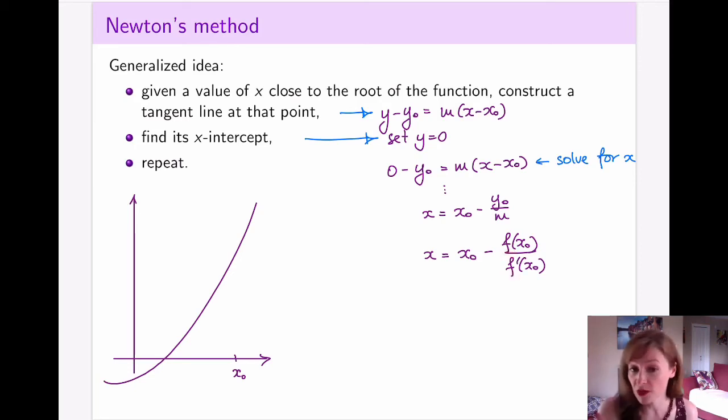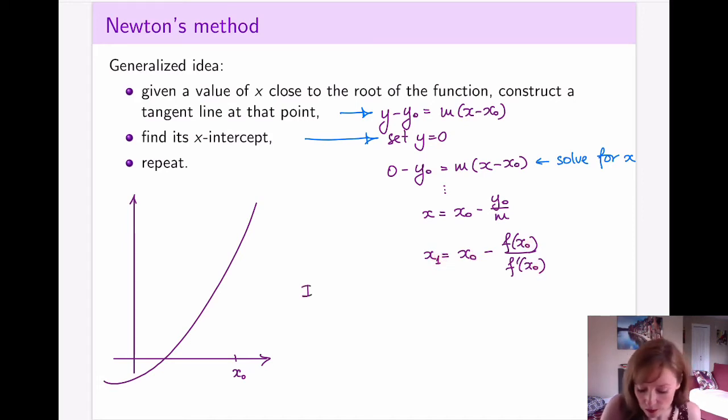So if you give me a function and a point, I'll be able to find the derivative, compute the function value and the derivative value at that point, plug everything into this equation, and get the next approximation. So again, because we will be iterating through this method, this is what we will be calling x1. But then we can repeat this process. So with x1 in mind, I can repeat this again, except I will be plugging x1 into here, and the algorithm will produce x2, and so on.